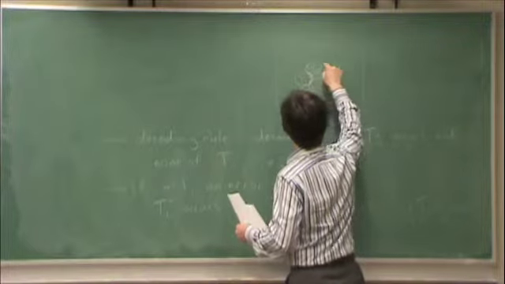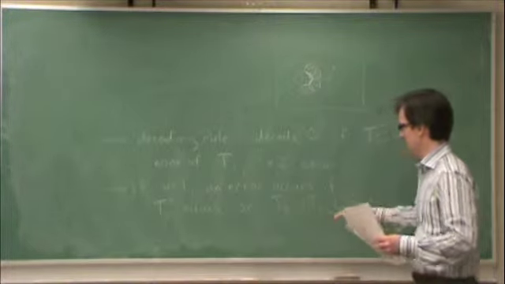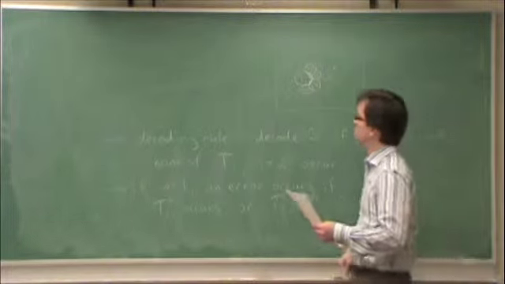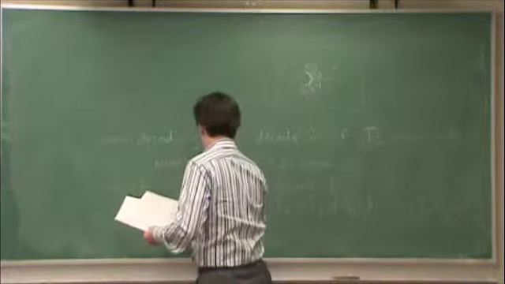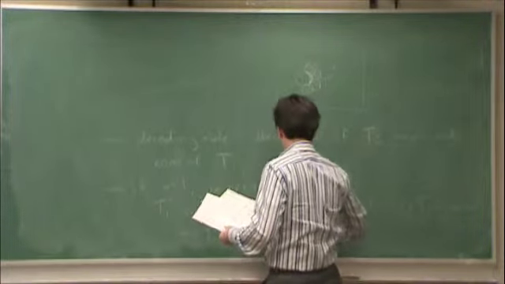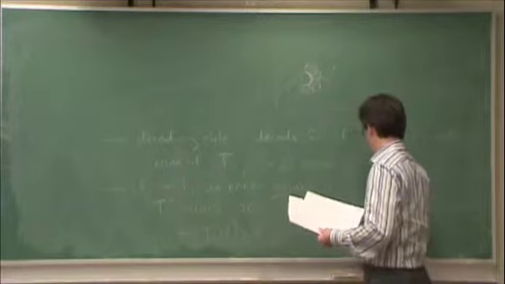So that's basically T1 complement union T2, union T3, union T4, and so on, up to T2 to the n.